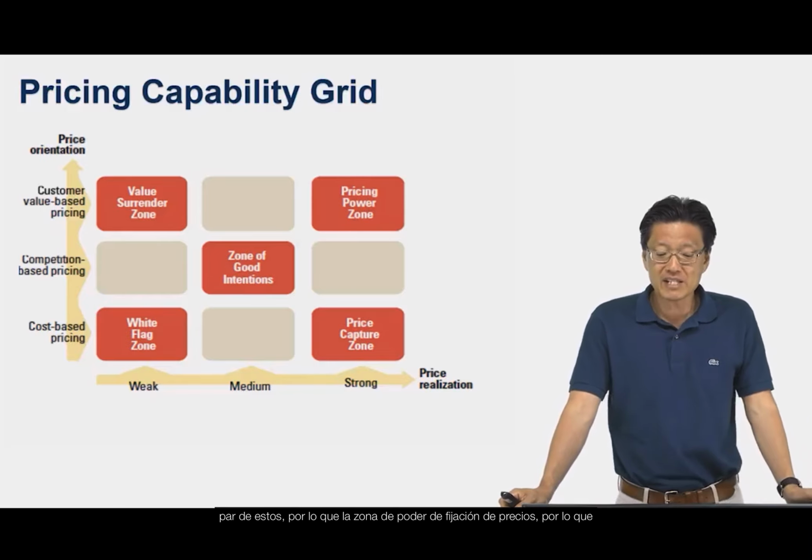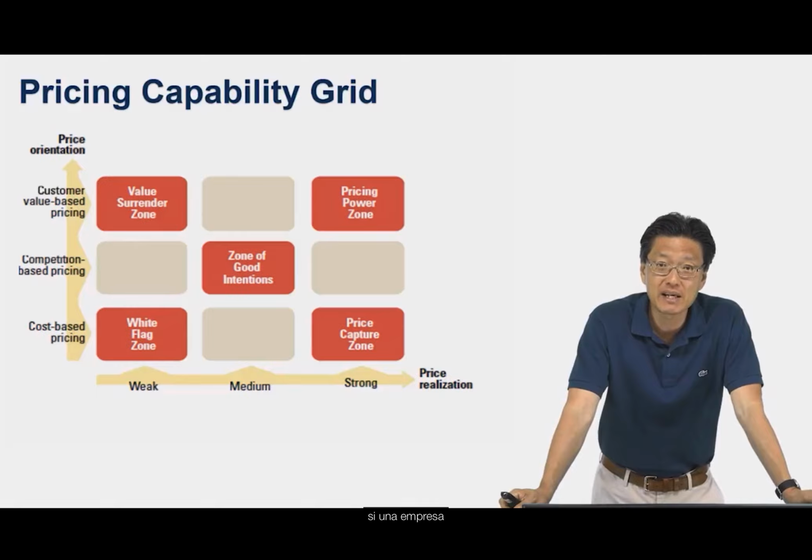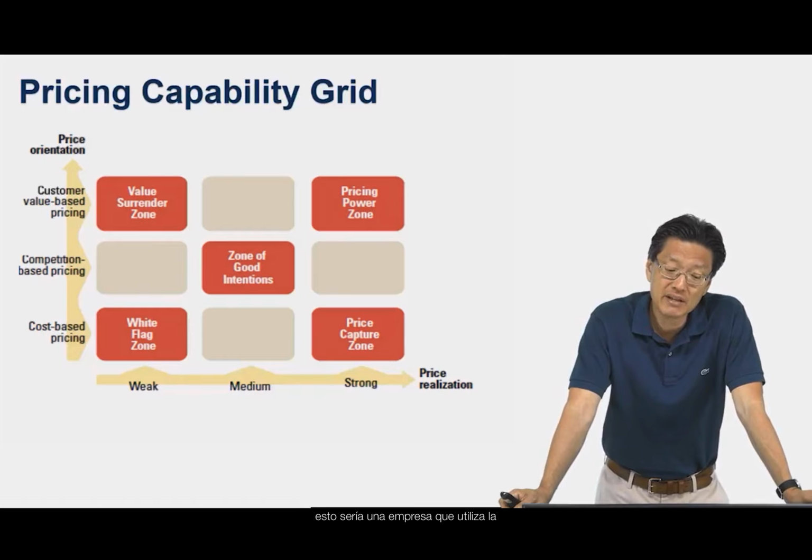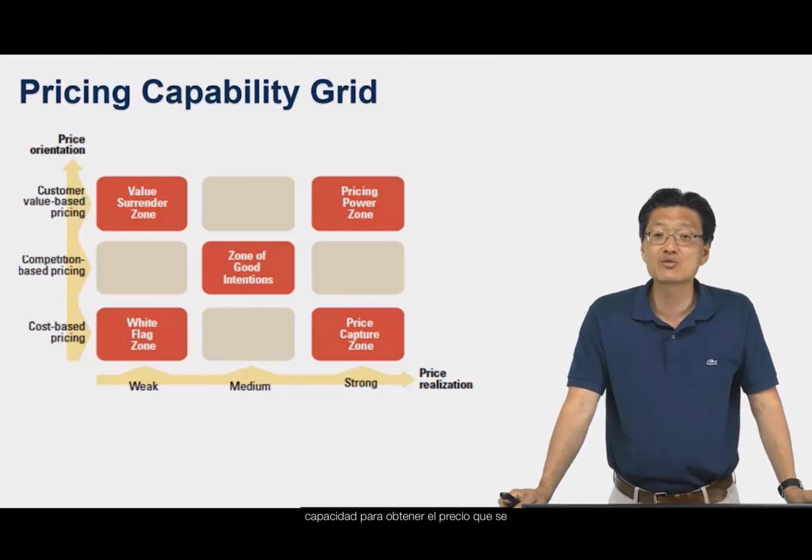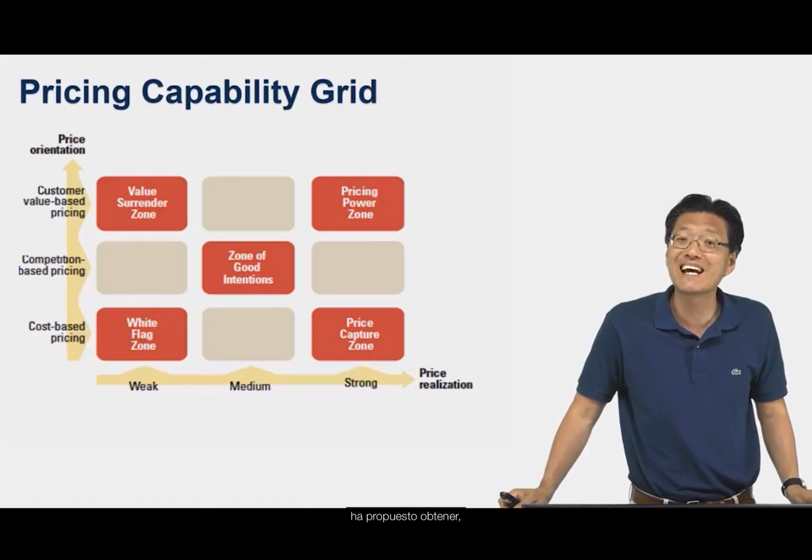Pricing power zone. If a company is classified under this pricing power zone, this would be a company that uses value-based pricing, but at the same time has a very strong capability to realize the price that it has set out to get.